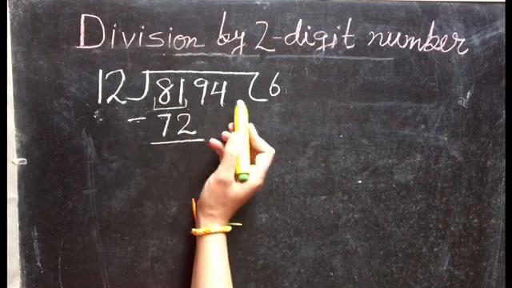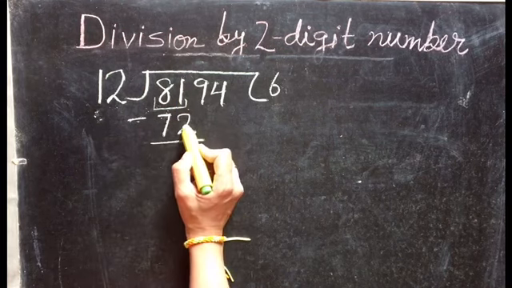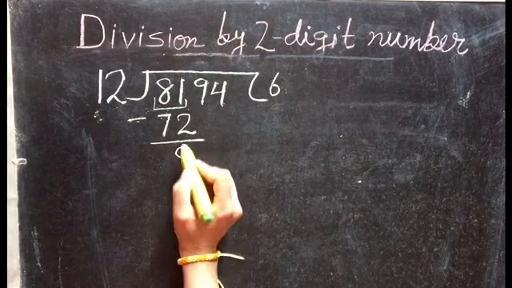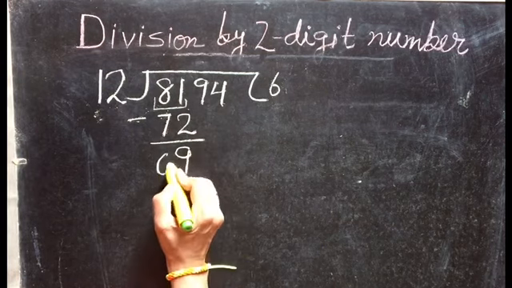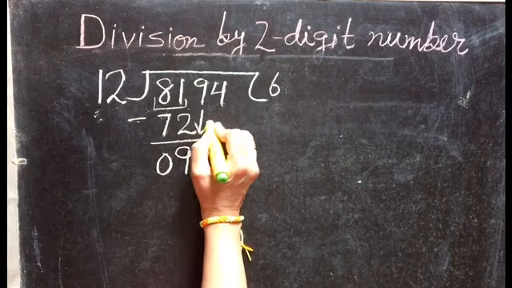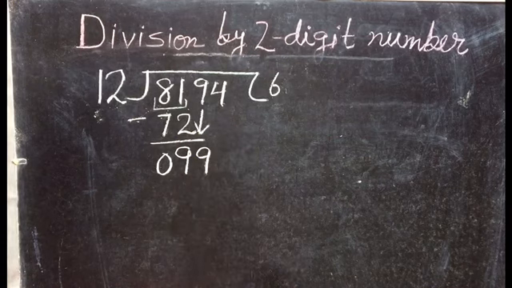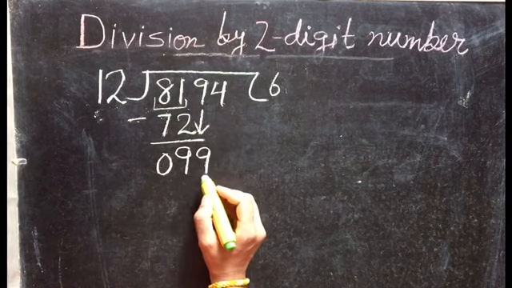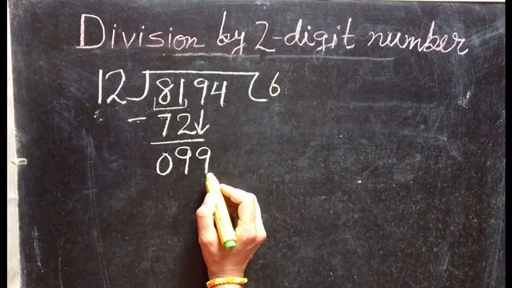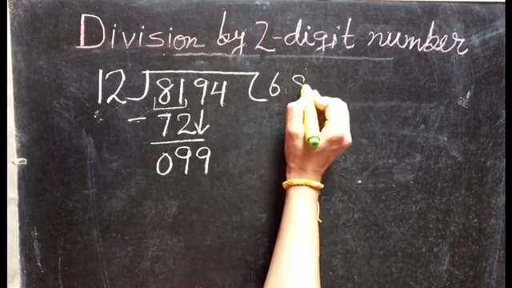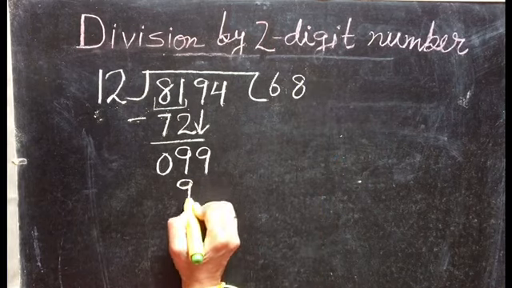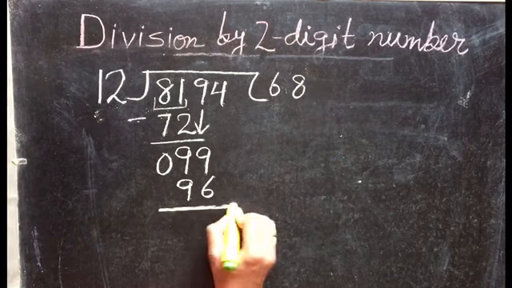Fine. So subtract it, 11 minus 2 is 9, 7 minus 7 is 0. Now this 9 will go down, it is 99. So 12 7s are 84, 12 8s are 96. Fine.